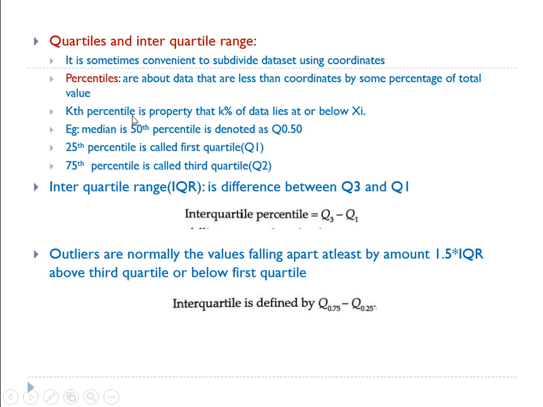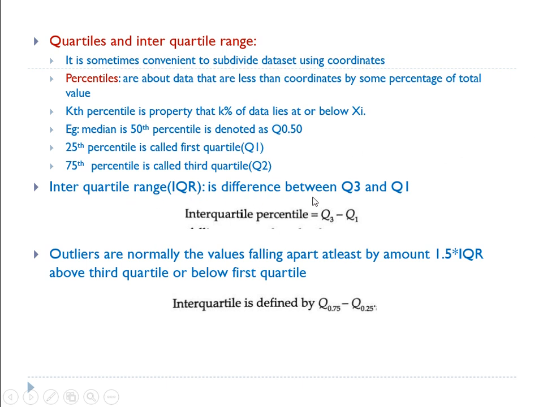So kth percentile means what? K percent of data lies at or below xi. Suppose I have the 50th percentile, the median, denoted as Q0.5. The 25th percentile is the first quartile, the 75th percentile is the third quartile, and the 50th percentile is the second quartile.